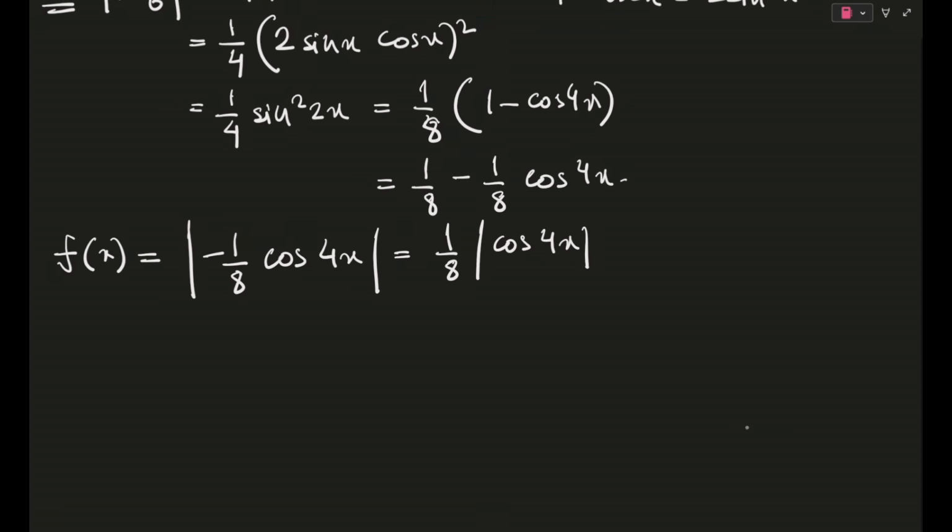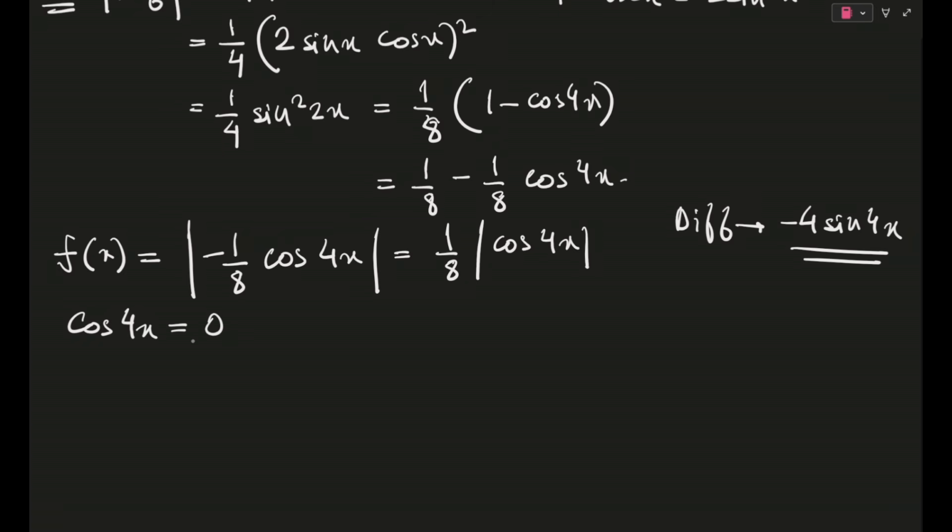So guys, very easy, because cos 4x will not always stay above the x-axis, it will sometimes come below. So modulus of this will obviously have some points of non-differentiability. Two ways to do that. Either you can differentiate cos 4x, which will come out to be minus 4 sine 4x, which is again an indication of the fact that points of non-differentiability are present. Or directly we can put cos 4x equal to 0.